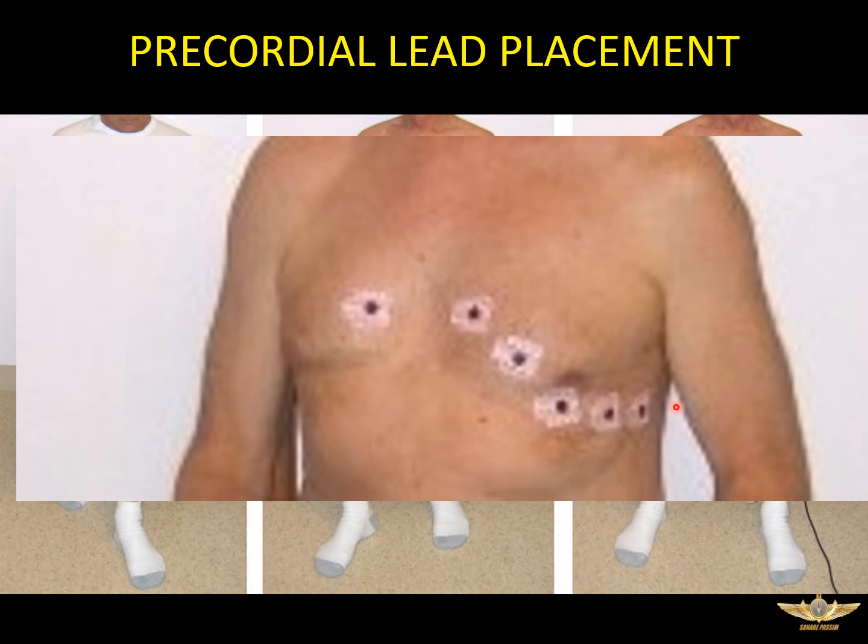So even though the nipple line will move as somebody gains weight or gets older, the connection or the actual attachment from the breast tissue to the chest wall typically stays the same. It doesn't move a whole lot. And that's called the inframammary fold. And the inframammary fold is your landmark for leads V4, V5, and V6. So it's going to follow right along this straight line. So that's what you need to be looking for.